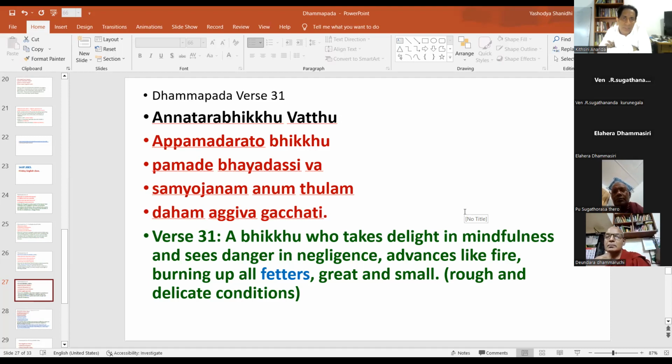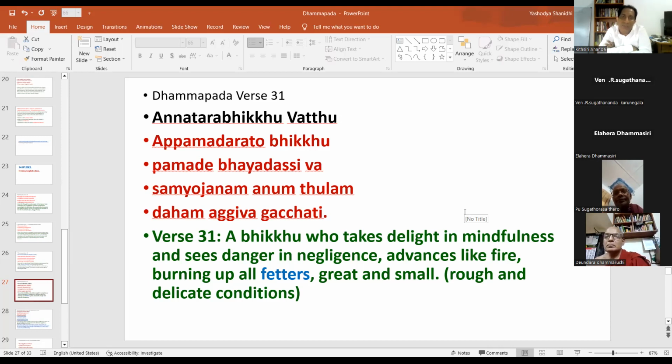There are two different types of fetters according to this verse of Dhammapada. Anuntulang, Sanyojanang Anuntulang. Sanyojana, fetters. They are heavy chains with which we are bound to existence. There are 10 heavy chains, fetters, heavy blocks with which we are bound to existence.